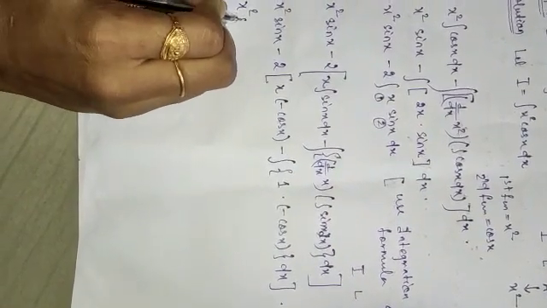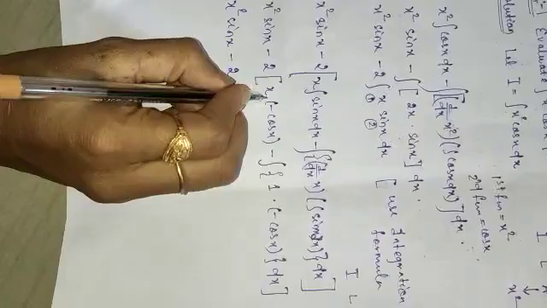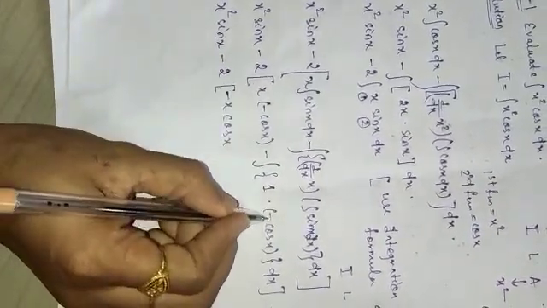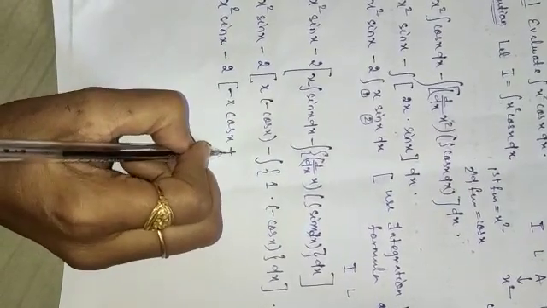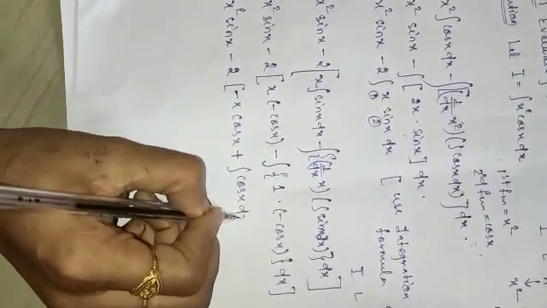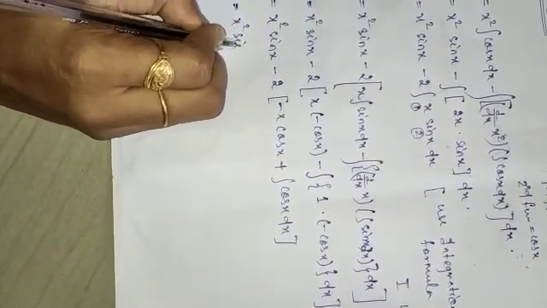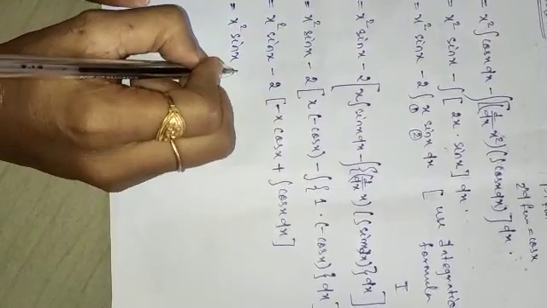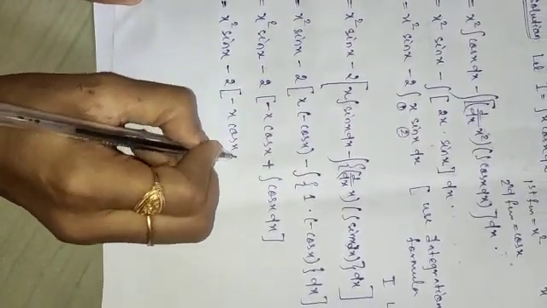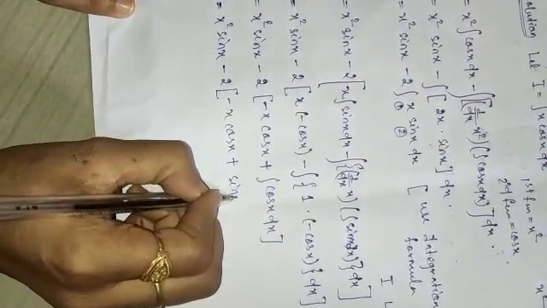So this is equal to x square sin x minus 2 into x into minus cos x, which is minus x cos x. Then take the minus outside the integration, the total will be plus the integration of cos x dx. This is equal to x square sin x minus 2 into minus x cos x plus the integration of cos x, as you know, is sin x.